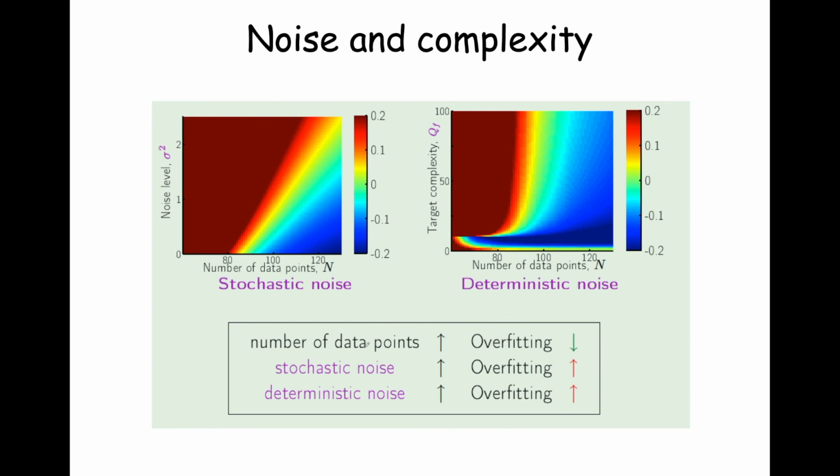As you increase the number of data points, generally overfitting decreases. If stochastic noise goes up, your overfitting goes up, and we saw that in the graph corresponding to stochastic noise. If your deterministic noise increases, your target function complexity increases, your hypothesis set can no longer keep up with the target function's degrees of freedom, and your overfitting also increases.